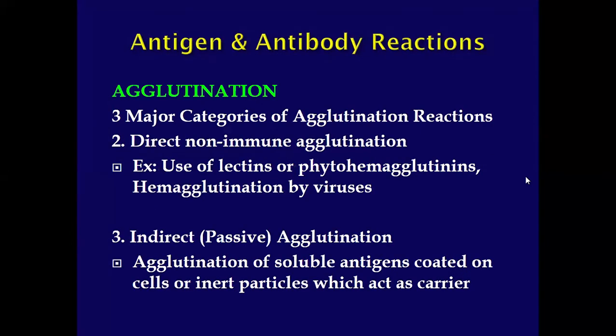Okay? So we also have direct non-immune agglutination, meaning for the reaction to be visible, there is a need for the use of a carrier protein or carrier substance, or the utilization of plant extracts to make the reaction visible, like these lectins or phytohemagglutinin.